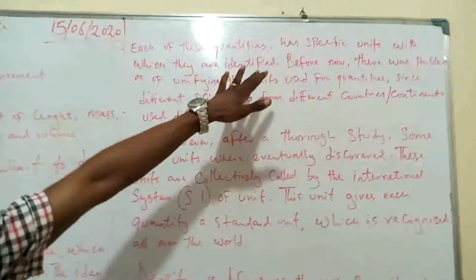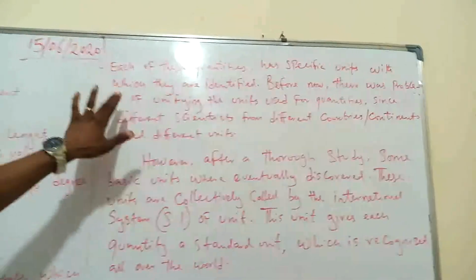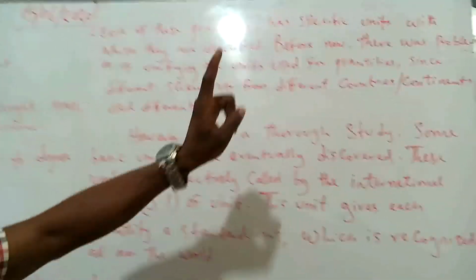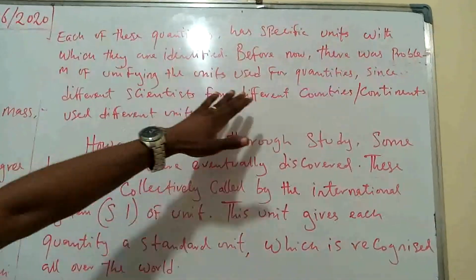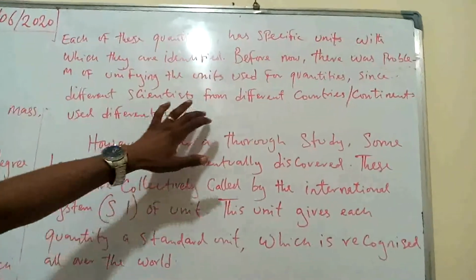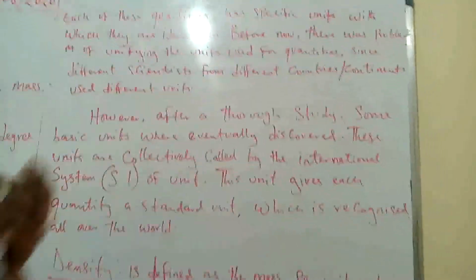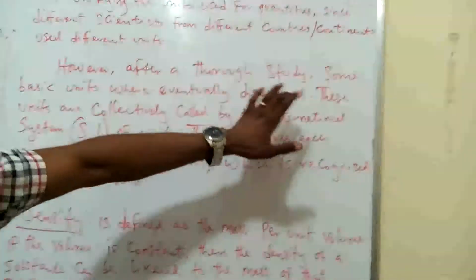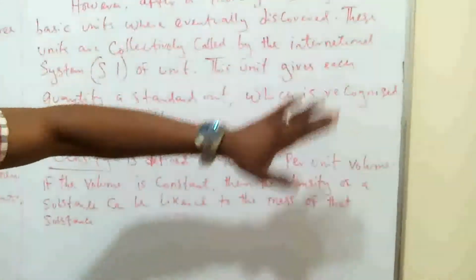Each of these quantities has specific units with which they are identified. Before now, there was a problem of unifying the units used for quantities, since different scientists from different countries and continents used different units. However, after a thorough study, some basic units were eventually discovered.